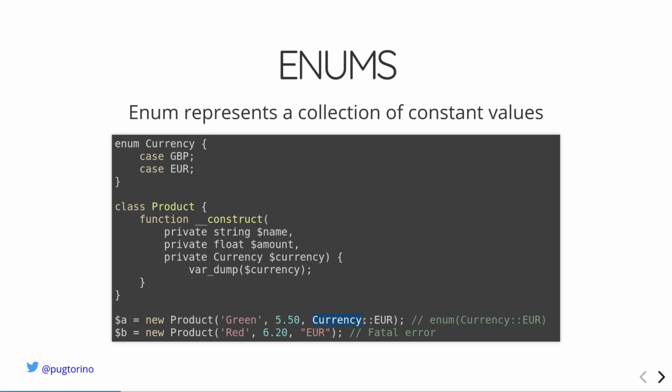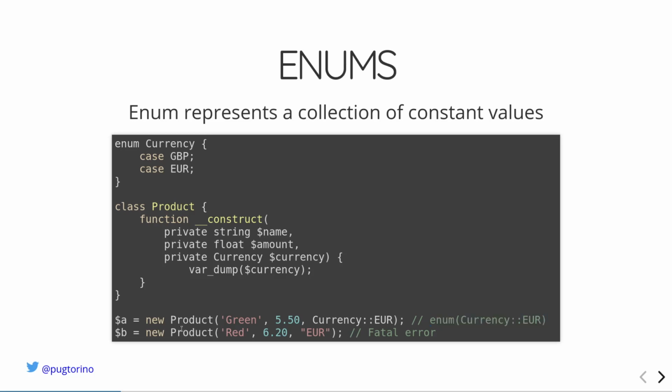This is similar to a static call, or like a constant of a class, because as I said, currency is a special class in the implementation of the PHP engine. So if you run this code, you will execute this var dump, and this var dump will give you this information: the dollar currency is an enum variable, and this is the value.